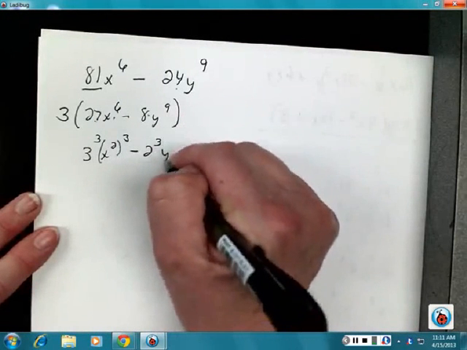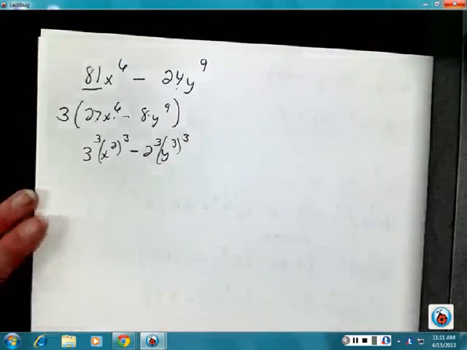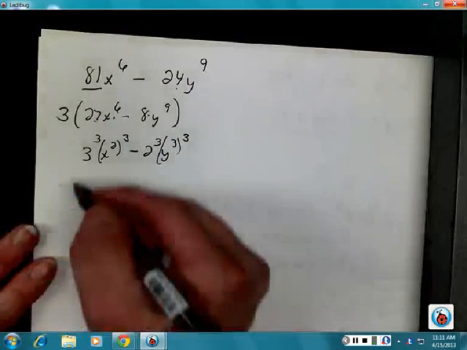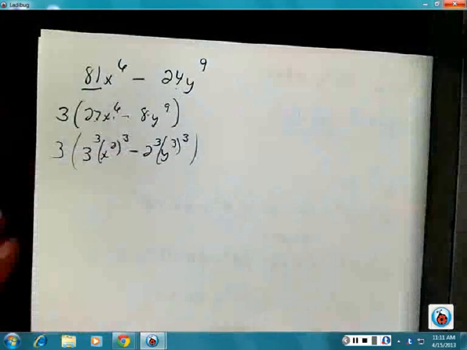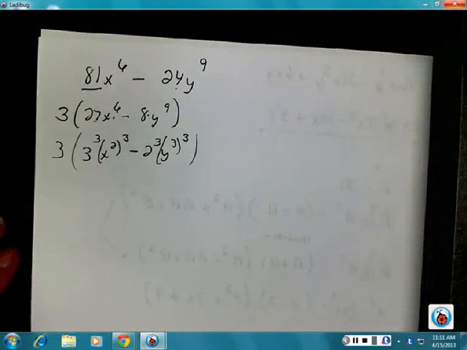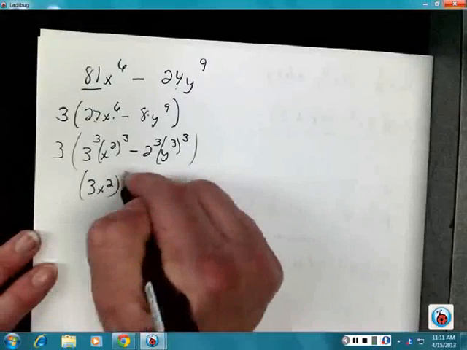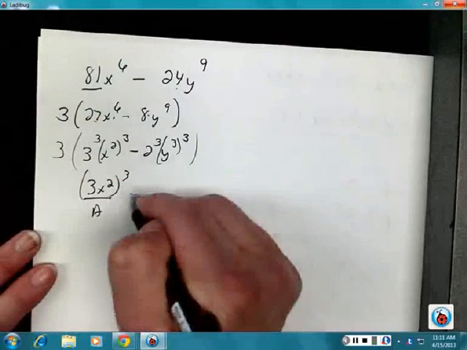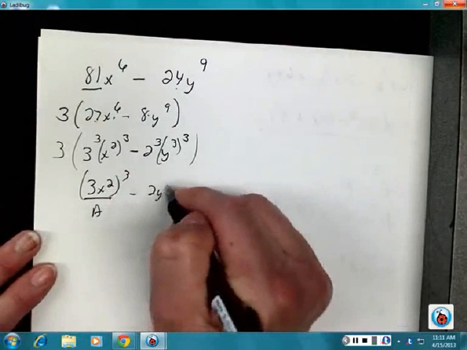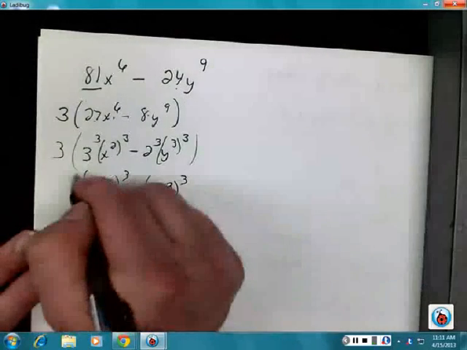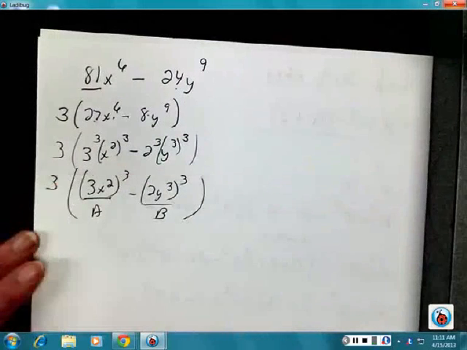Y to the 9th is a y cubed to the 3rd power. Okay with that part? Then I need my bases, so it's 3x squared cubed, that's A. 2y cubed, that's B. And don't forget my 3 out in front.